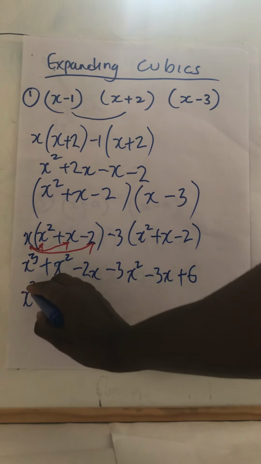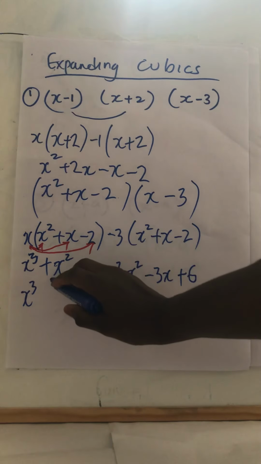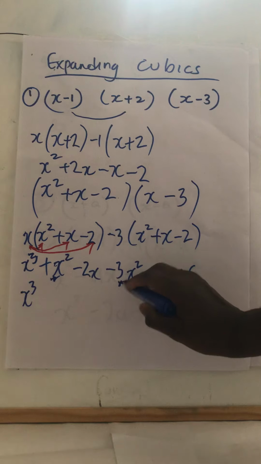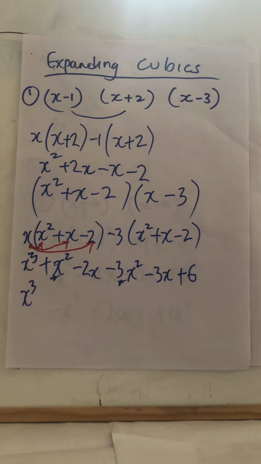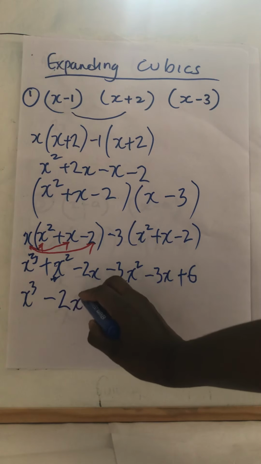Now I'm going to collect my like terms. x cubed is here. I have my x squared here and I have another x squared here. x squared minus 3x squared will give me minus 2x squared.